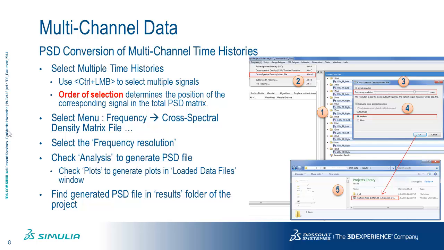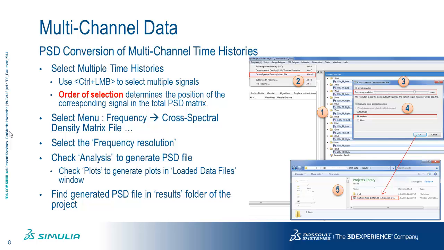Actually, after this users meeting, I can share this presentation with all of you so that you can use this as a reference for the step-by-step procedure of doing the PSD fatigue analysis. Here, you can start with the selection of the time history.